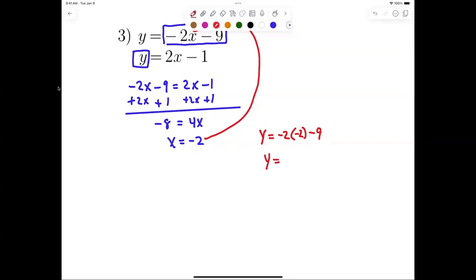Y equals 4 minus 9. Y equals negative 5. So my answer is negative 2, negative 5.